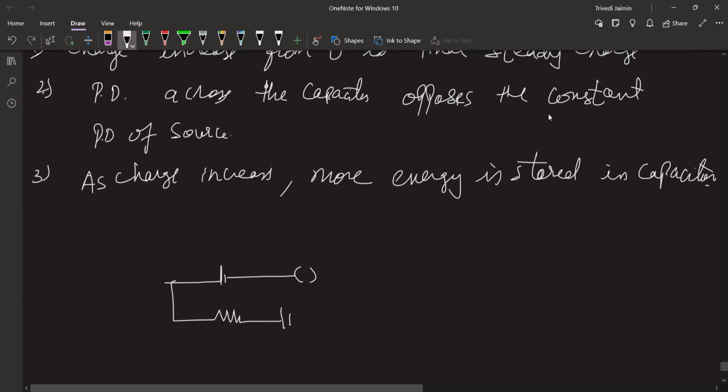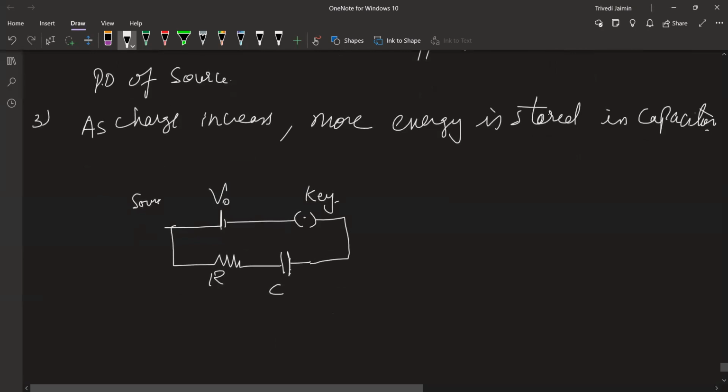Some resistor, one capacitor, a voltage source, or capacitor C. So C equals Q naught by V naught.